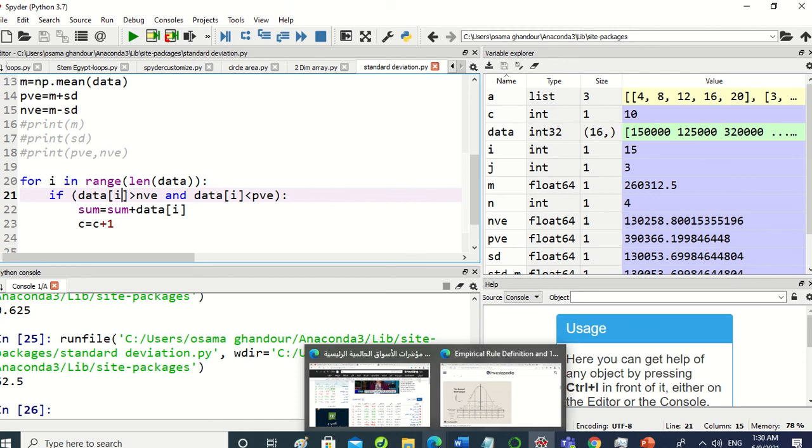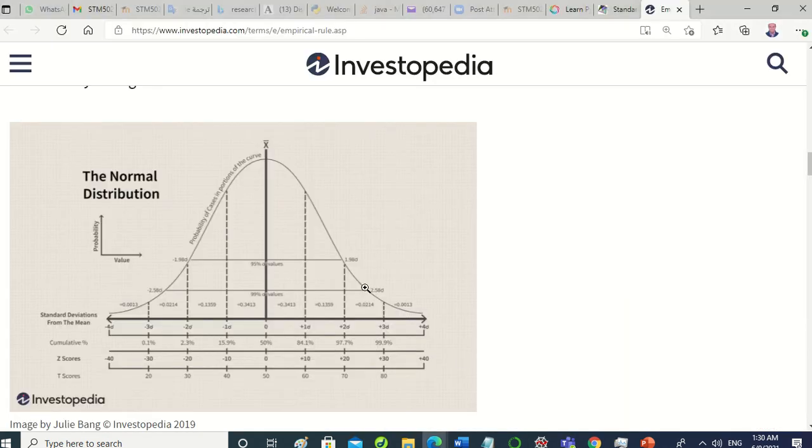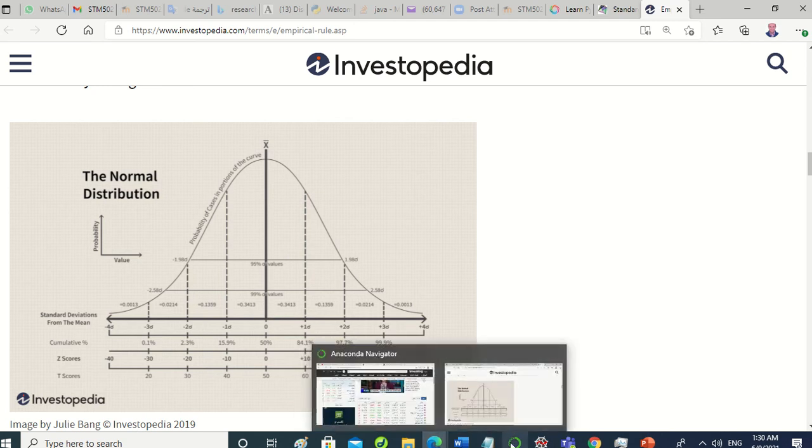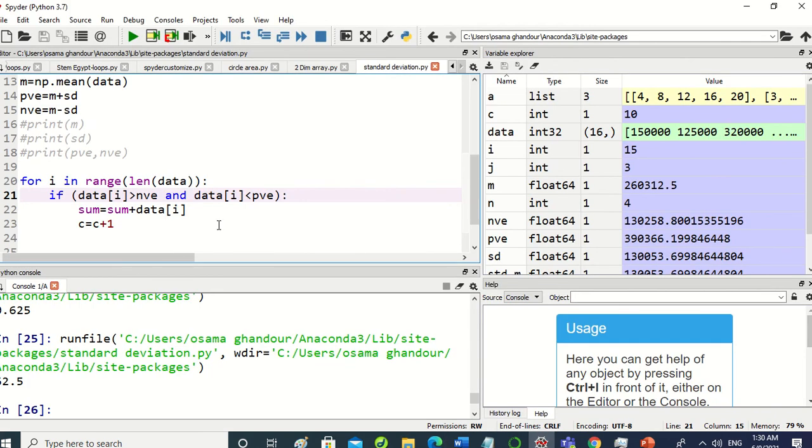Let's see in the graph. Yeah. So I examine here if the price of the house in this area is greater than the negative peak and less than the positive peak. So it's found here. So I need this house.